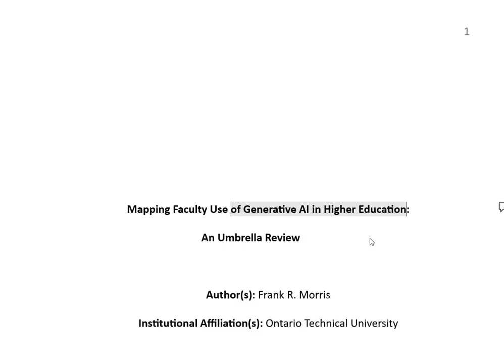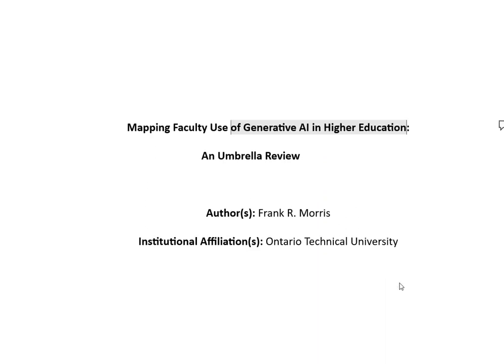You're not looking necessarily at benefits versus challenges. So what I thought would be a more generic title would be Mapping Faculty Use of Generative AI in Higher Education, an umbrella review. And I've decided to use the umbrella review because review of reviews, which is also used, seems a little bit awkward when you're writing the paper, or it seemed to be for me.